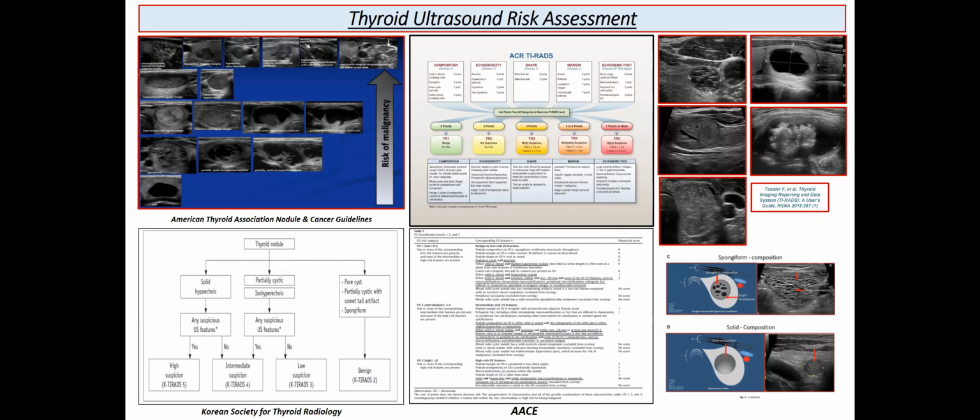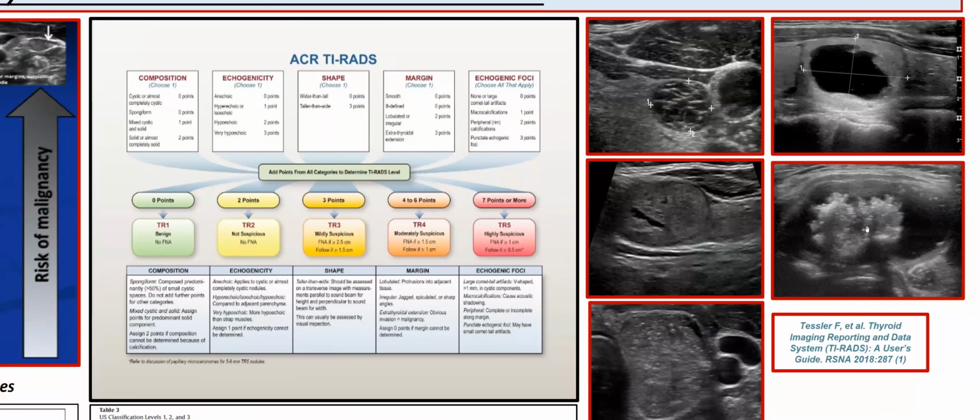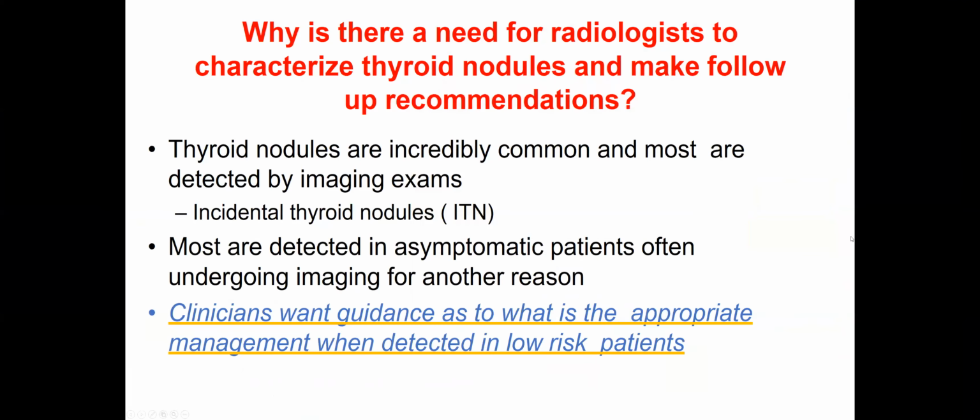Now, there are different risk assessment schemes, and you can see that they're all tiered. That means they start at the least suspicious and go up to the most suspicious. All the highest suspicion nodules have these echogenic foci, which reflect psammoma bodies within these tumors, which is suspicious for papillary thyroid carcinoma.